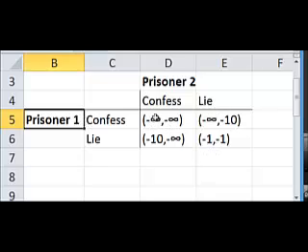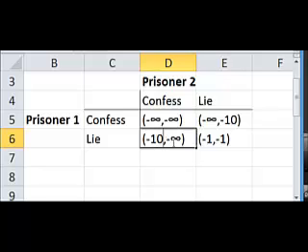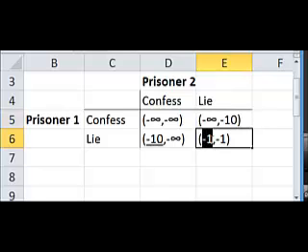So let's start with, if we think our friend is going to rat us out, then our payoff is better if we keep our mouth shut, and if our friend lies, since we're this first prisoner, this first coordinate of this pair, it would be better for us to only have 1 year in prison than to suffer the consequences of ratting somebody out.